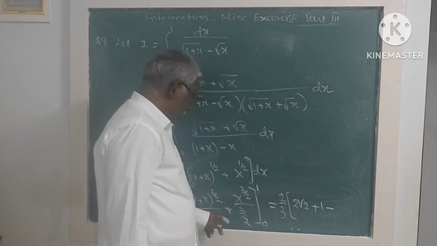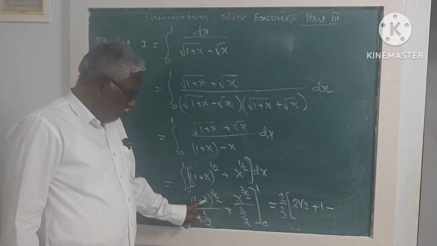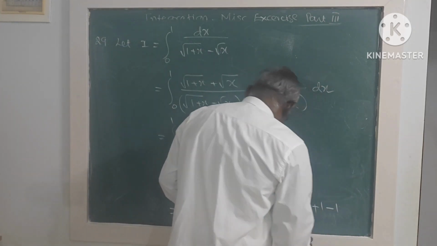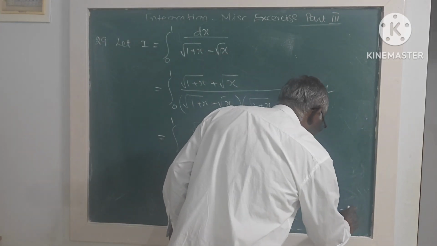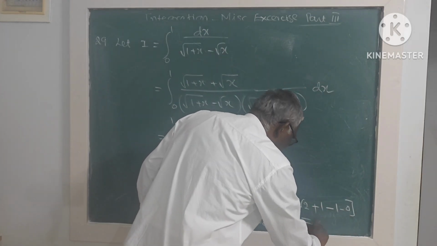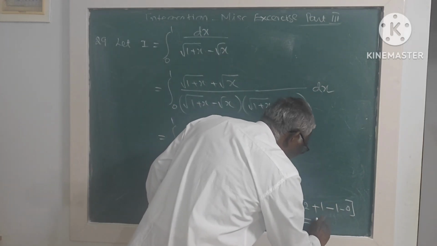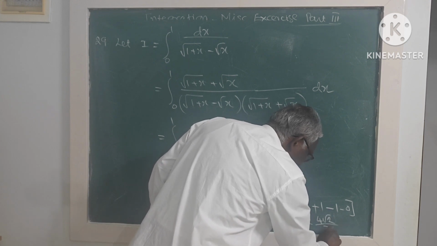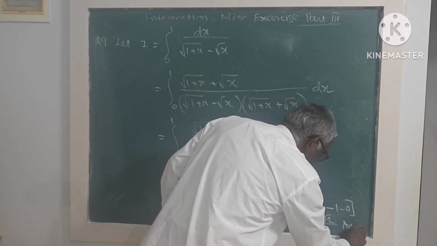Then minus, you put x is 0, so minus 1 minus 0. So this becomes simply 4 root 2 by 3. So this is the answer.